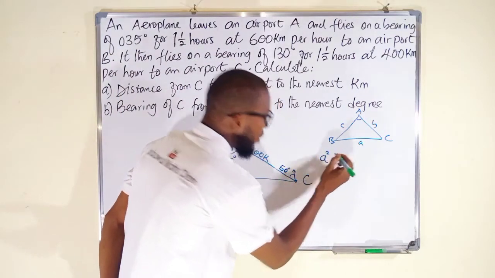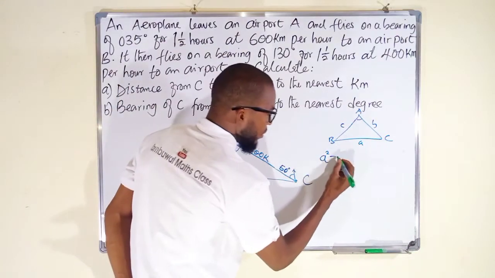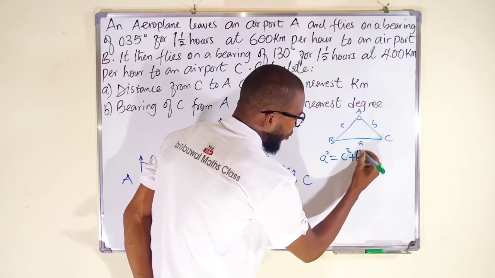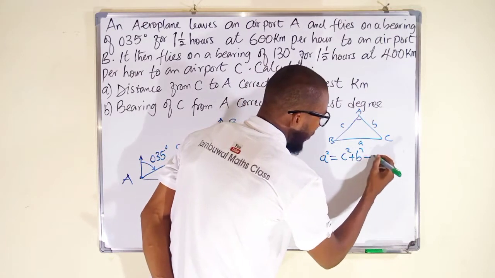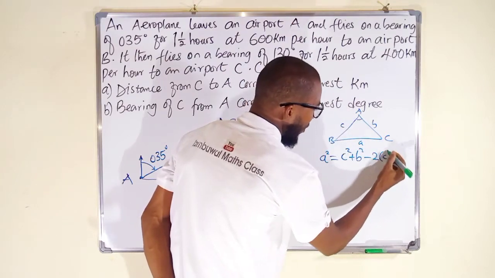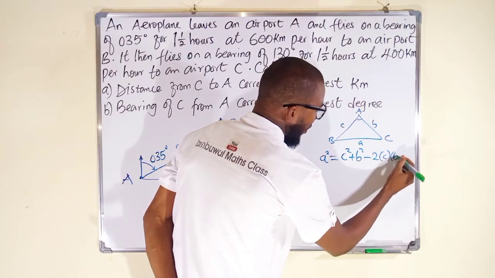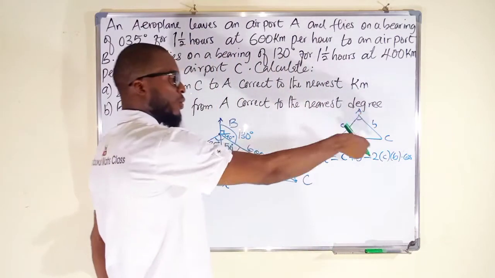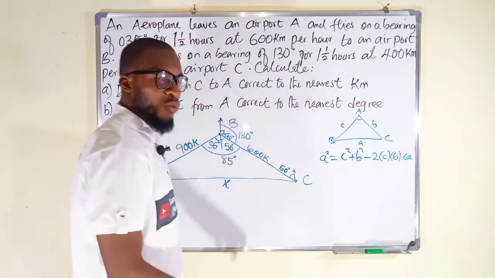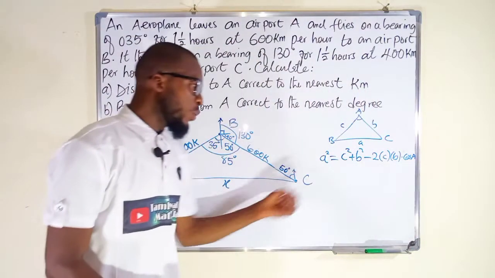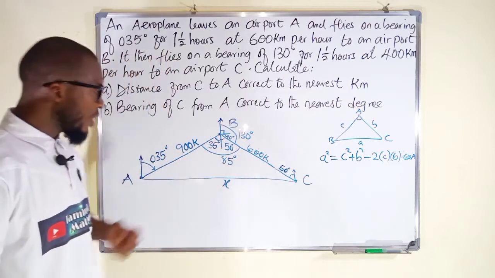You call it a squared using cosine rule, which is equal to b squared plus c squared, minus 2 times the other side c, multiplied by also the other side b, then multiplied by cos of that angle, which is opposite to the length you are looking for, and which we have as A. So we can interpret this using this triangle.